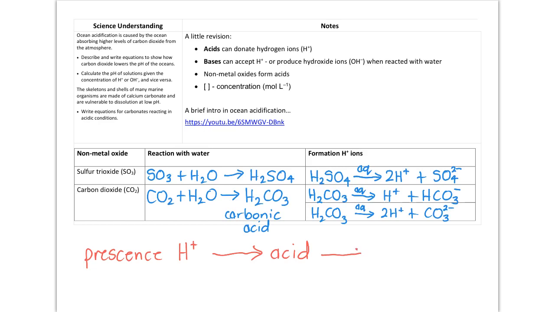Acids have a pH normally between 0 and up to 7, which is neutral. So the formation of an acid means that it lowers the pH. pH will be less than 7, I guess we could say. That's the sort of hand-waving explanation. We'll look at the maths of that relationship between hydrogen ions and pH in the next slide.